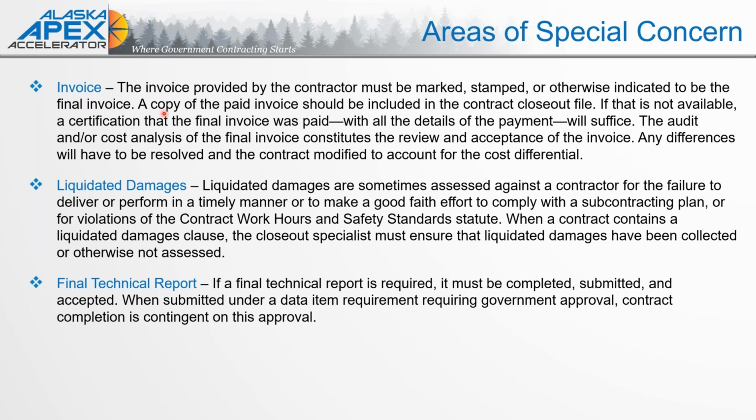The invoice the contractor provided must be marked, stamped, or otherwise indicated to be the final invoice. Again, the electronic systems make that really easy. There's that toggle, you say yes or no, and a copy of the paid invoice should be included in the contract closeout file. And of course, if that's not available, then a certificate that the final invoice was paid.